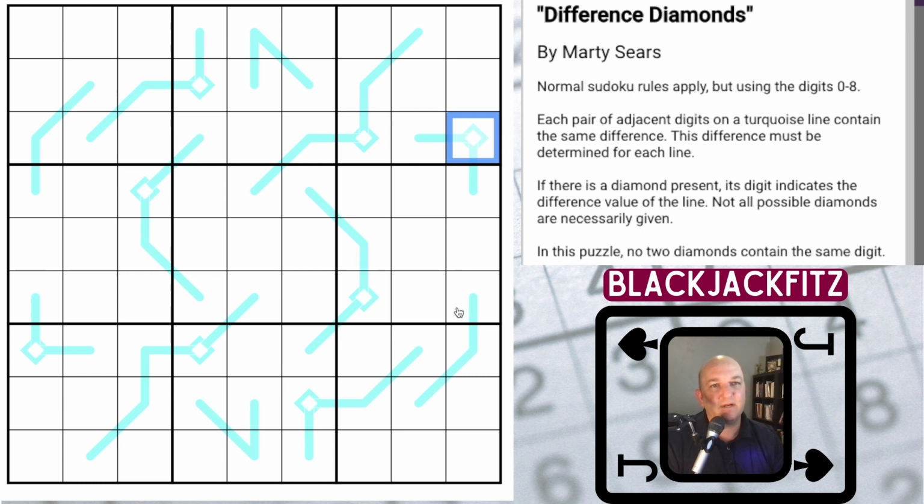So 8 has to go next to 0 and 0, I think, right? That's the only way. So that could be an 8. Is there anywhere else that could be an 8? I think one of those has to be 8. I'm sort of prepared to mark that, even though it's a weird thing.